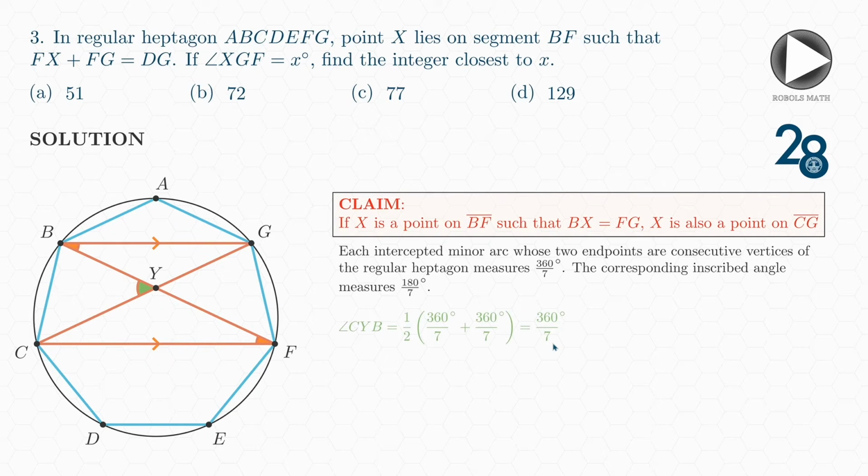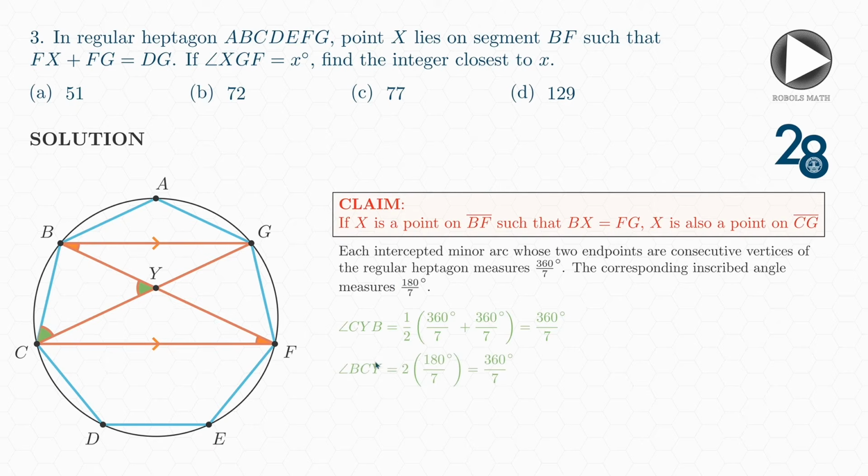Right? Now note that this angle here, green angle, BCG, should measure 2 times 180 degrees over 7 because this angle here has two intercepted arcs, right? So if you draw a segment here, you'll get two 180 degrees over 7.